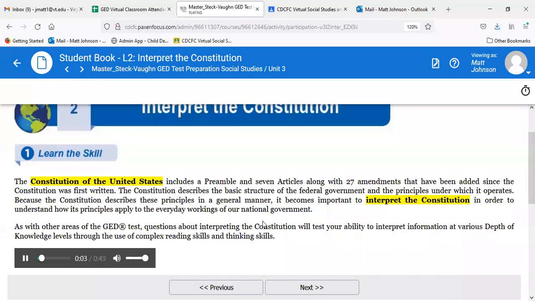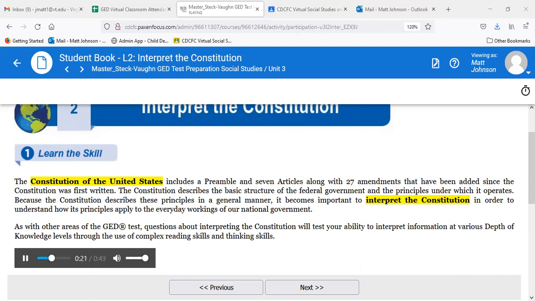The Constitution of the United States includes a preamble and 7 articles, along with 27 amendments that have been added since the Constitution was first written. The Constitution describes the basic structure of the federal government and the principles under which it operates.